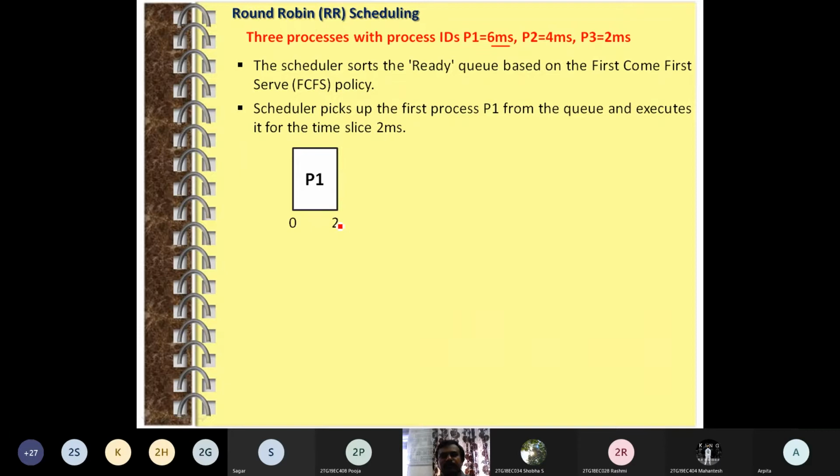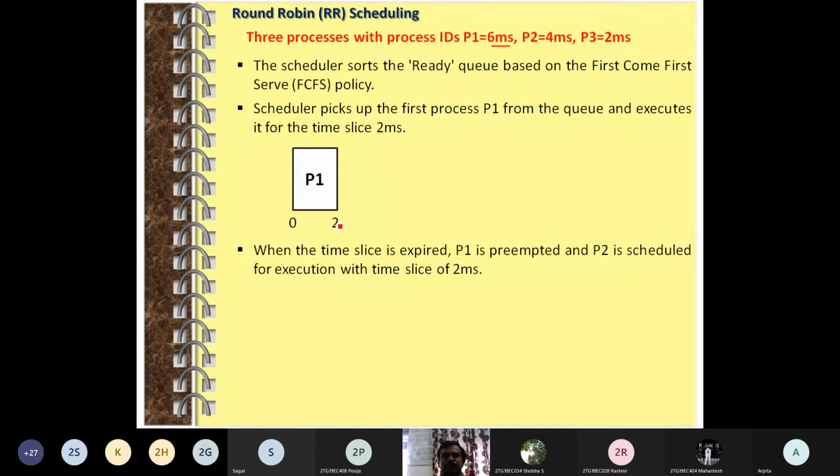Once the time slot is over, the execution is going to switch from P1 to the next process in the queue, which is P2. So when the time slice expires, P1 is preempted, which is nothing but stopped temporarily.